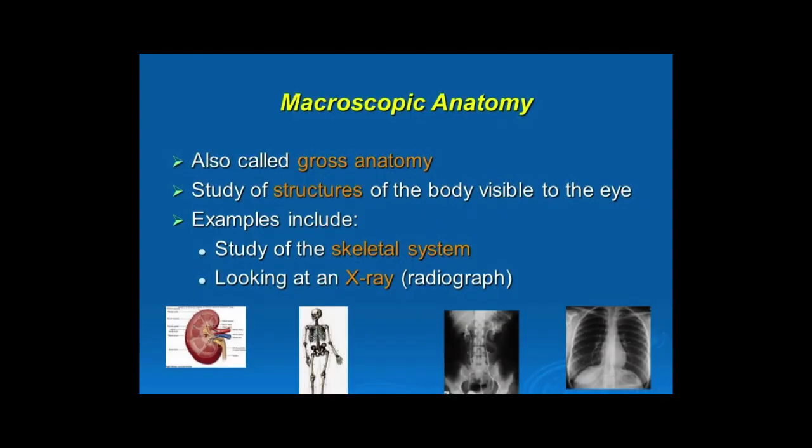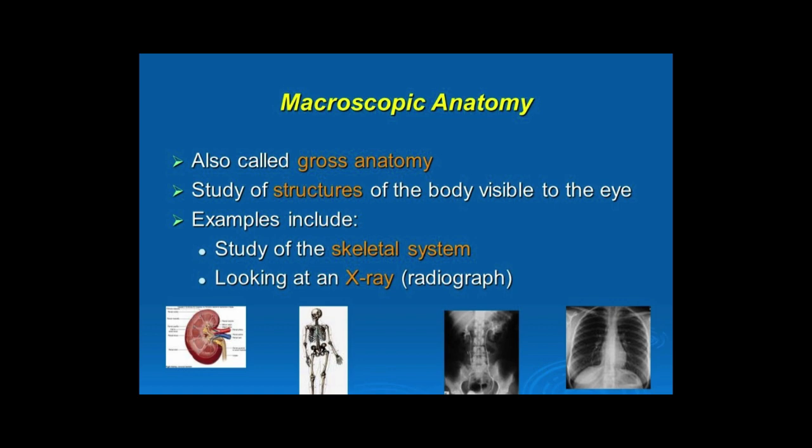The next is gross or macroscopic anatomy. So what is meant by macroscopic? You know about macro and micro. So micro is a minute thing which cannot be seen by our naked eyes. And what is meant by macroscopic anatomy?